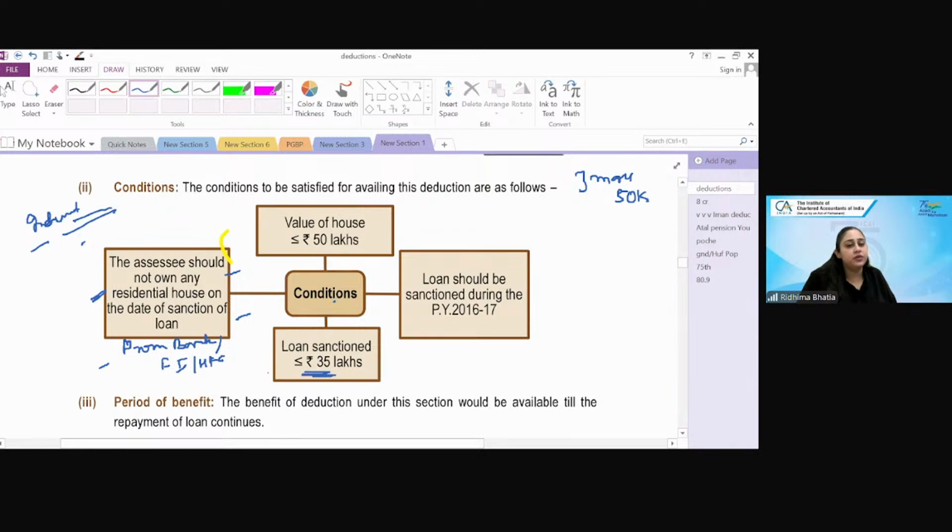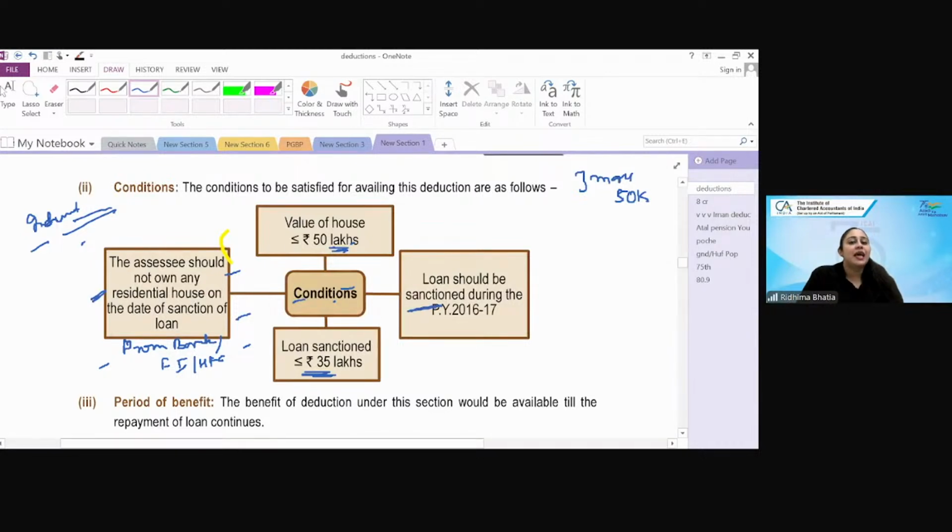You do not have any other residential house as on the sanction of the loan, so that means you're a first-time house purchaser. The value of the house is up to 50 lakhs. So this is for those who are building a house for the first time, a decent house, not that you're directly buying a mansion. You can claim deduction under section 80EE.